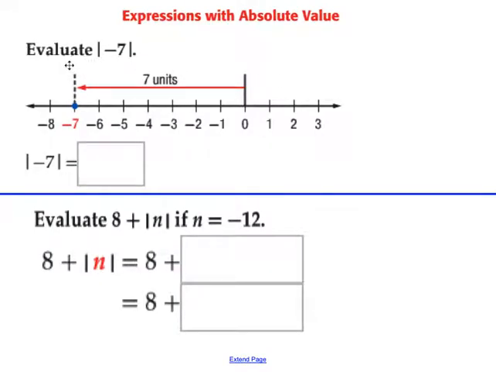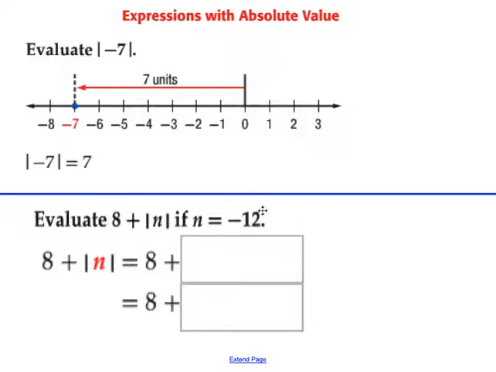This example says evaluate the absolute value of -7. So if you plot -7 on a number line and ask yourself how far is -7 from 0, it is 7 units away, so therefore the answer is +7. Here's another example where we start adding variables. It says evaluate 8 plus the absolute value of n if n equals -12.